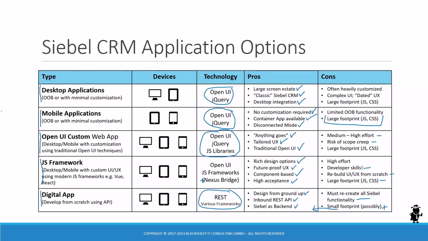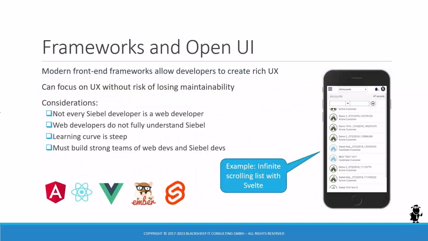Okay, so lots of things to think about, and to understand the state of your project, which way did you travel. So we talked a lot about frameworks, and modern front-end frameworks like Vue.js, etc. They can do a lot of good if the developers are really skilled, and there's a high learning curve.